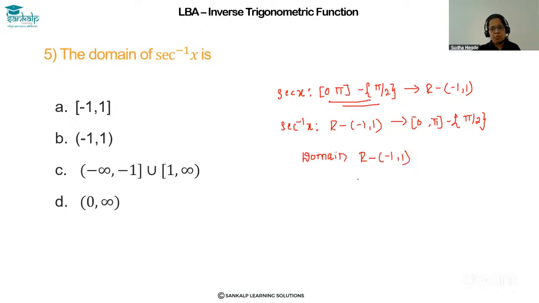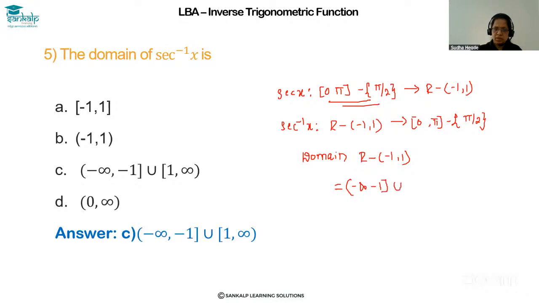But in the option it is not there, but we can rearrange this. See, you have to remove -1 to 1. So minus infinity to -1, wherever my infinity is there, it is open interval, union. Next you have to remove 1 also. Therefore, what you can do?